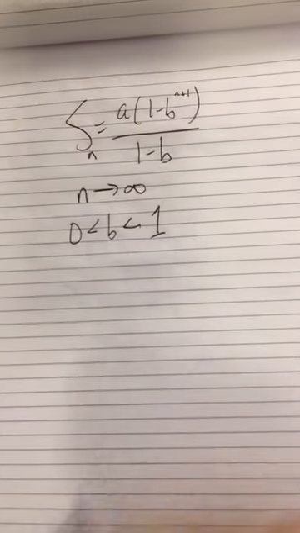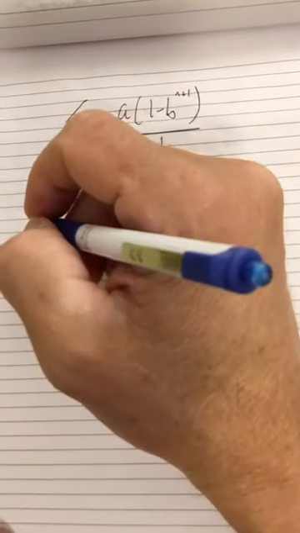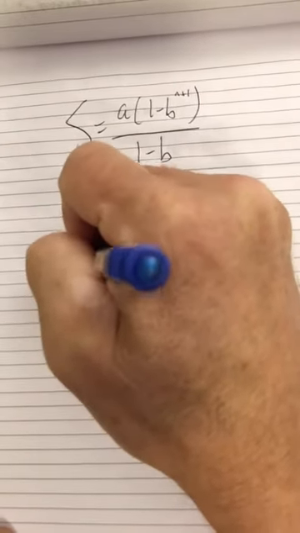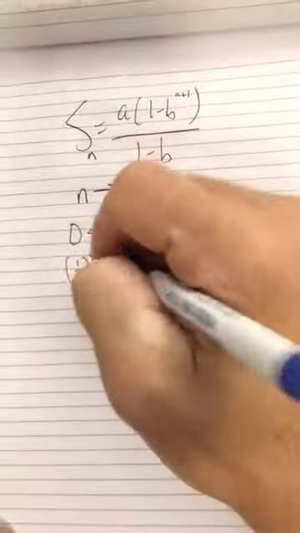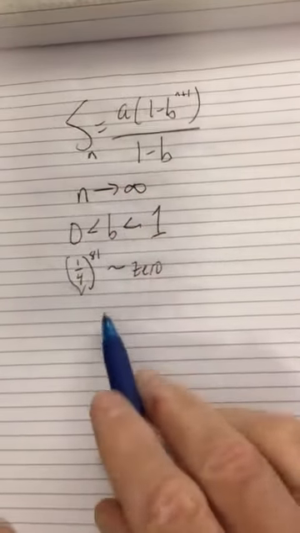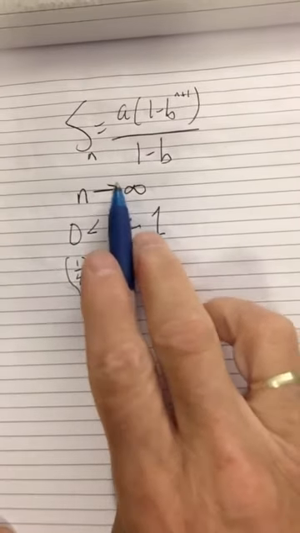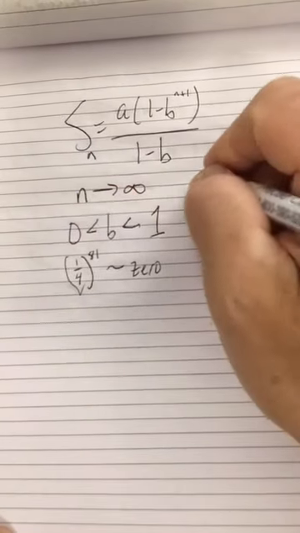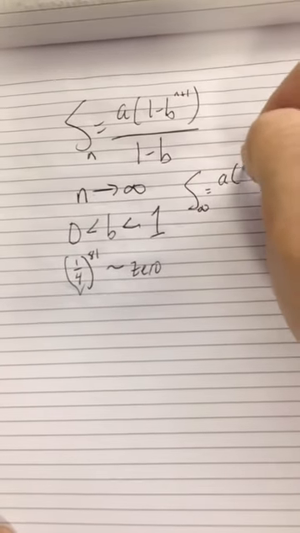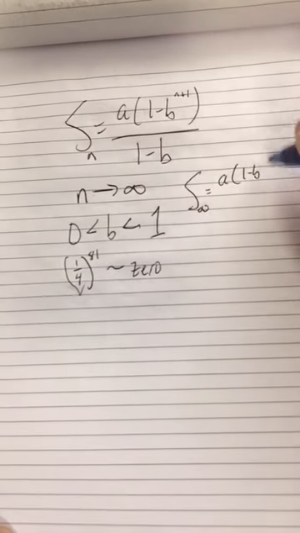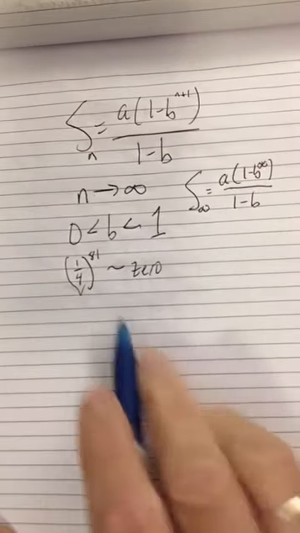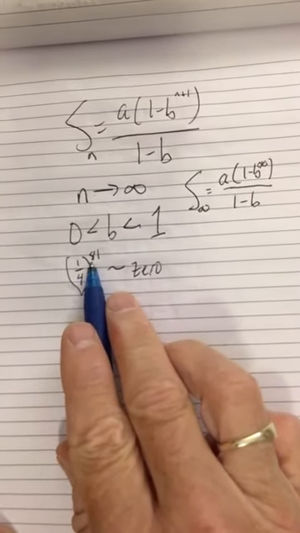You know, some fraction. Do you remember the pixie dust problem where we needed to know 1/4 to the 81st power? And we said that was essentially 0. Well, if n is going to infinity, this equation turns into A times 1 minus B to the infinity plus 1, which is infinity, over 1 minus B. Well, remember, 1/4 to just the 81st power was going to 0.